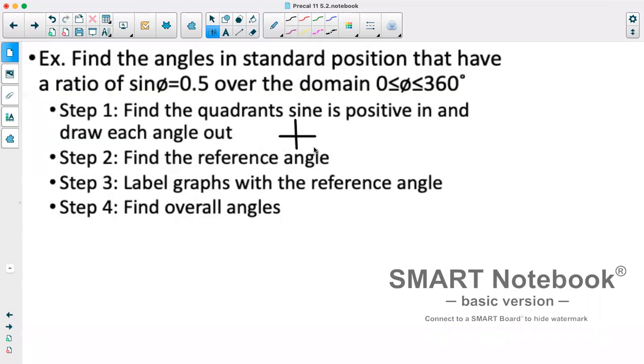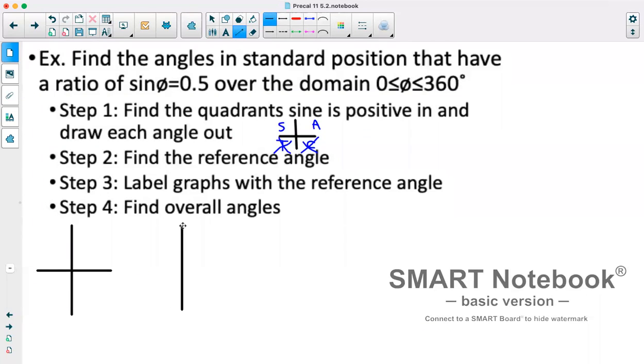Do our CAST. From this, we can see sine is positive here and here, so that means it's not here or here. So we'll then draw two separate grids, one for each of our answers, drawing a terminal arm in each one of them.